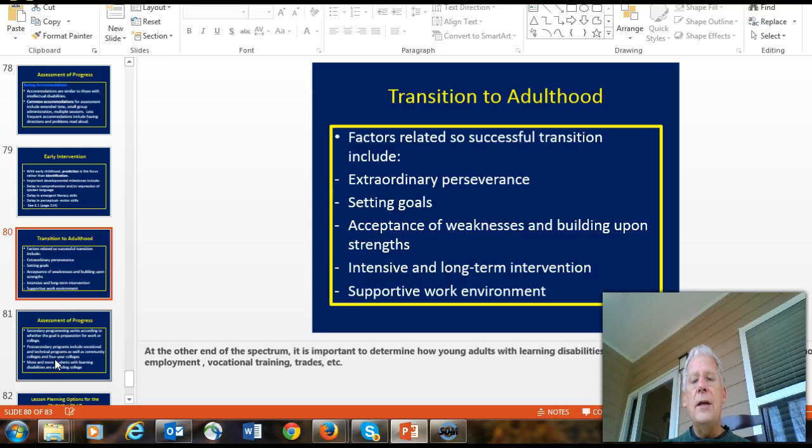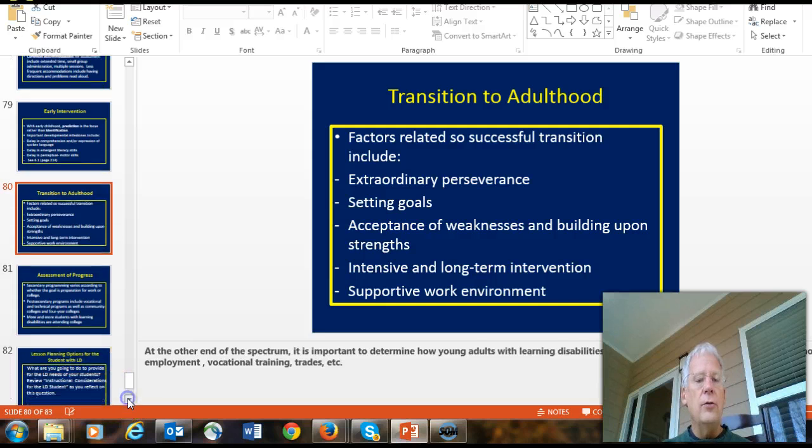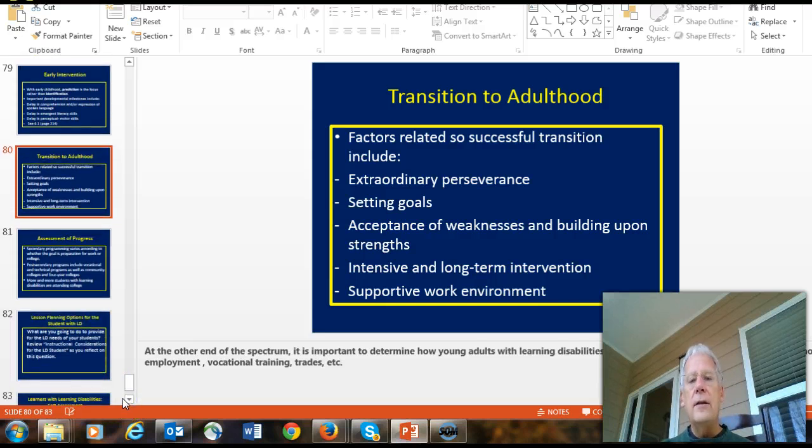So some things that are important to remember when we're working with older students with transitions is that we're hoping to build in that idea of perseverance, that if they have a goal, they're able to pursue or persevere in obtaining that goal. The idea of actually setting goals for students is very, very important.